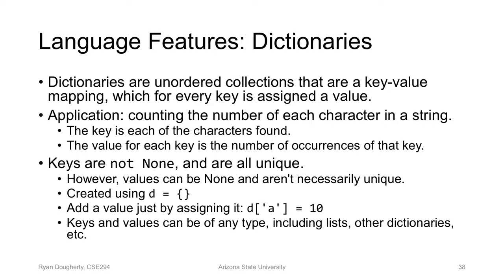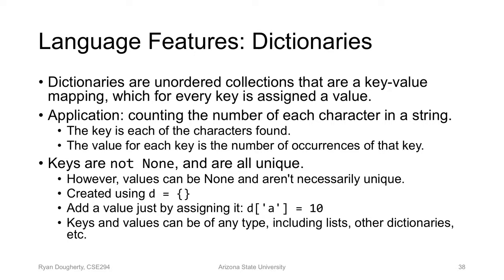Dictionaries, we covered them, are key-value pair mappings. So we have these unique keys. The keys are unique, but the values don't have to be unique, and every key is assigned a value. So it's just a mapping between a key and a value. One application, as we'll see in a second, is counting the number of each character in a string.